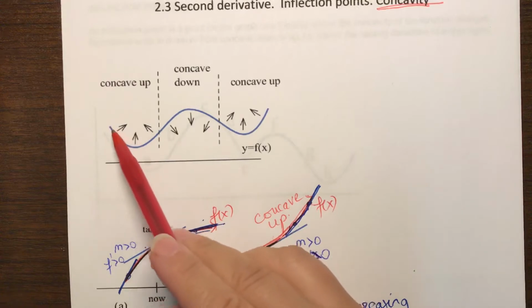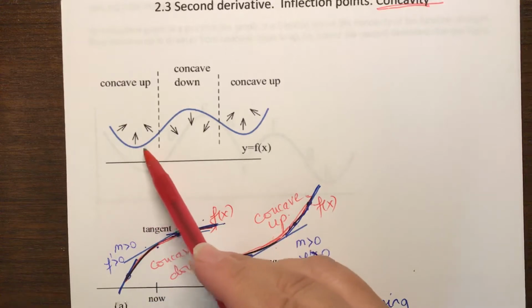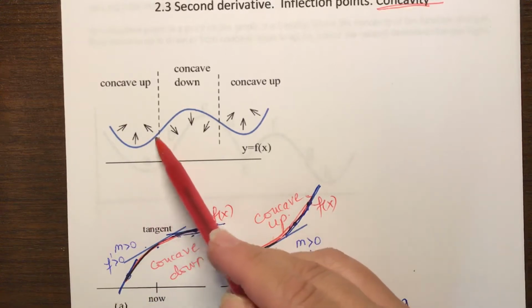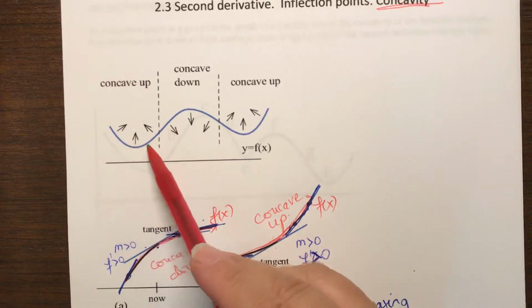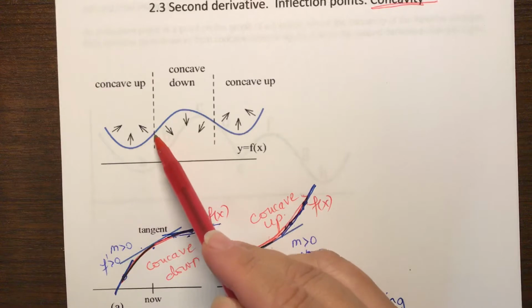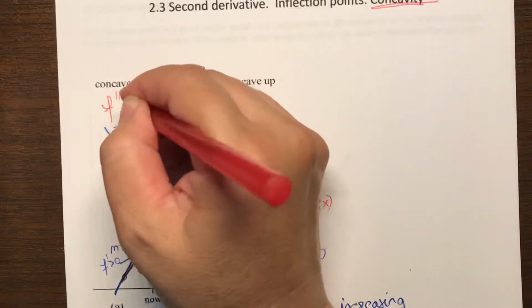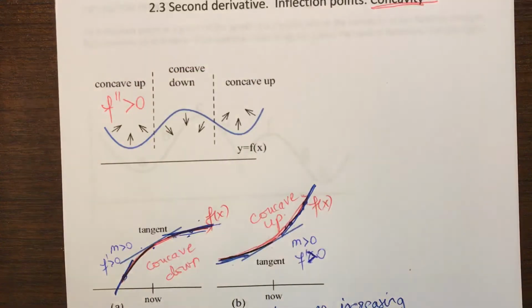So again, think about the slopes of these tangent lines. That might be a -2. This might be a -1, -0.5, 0, 0.5, 1, 2, right? So as you see, the slopes of these tangent lines are getting larger and larger, yes? So again, the slopes are increasing. That means the second derivative is positive, right? The derivative of this first derivative.